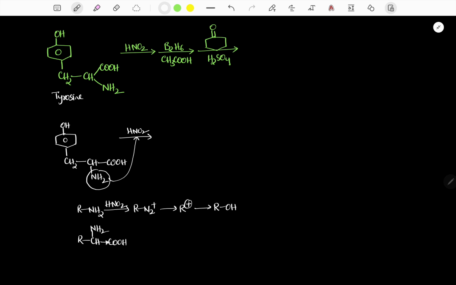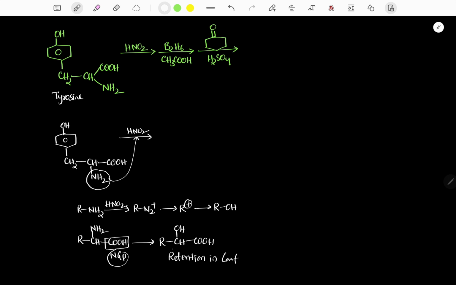This is an NGP group. Therefore, the product is similar, but because of the NGP group, it undergoes the NGP mechanism, and finally it follows retention in configuration.